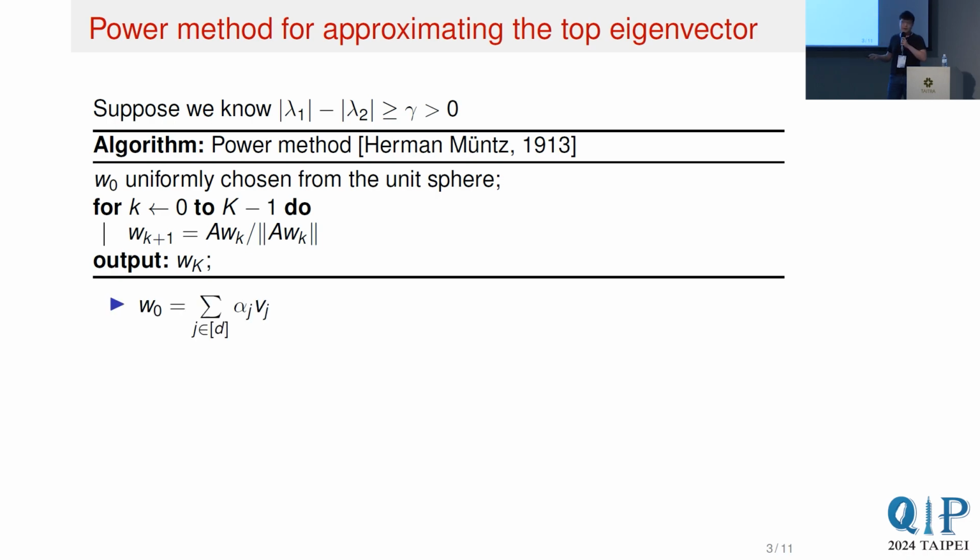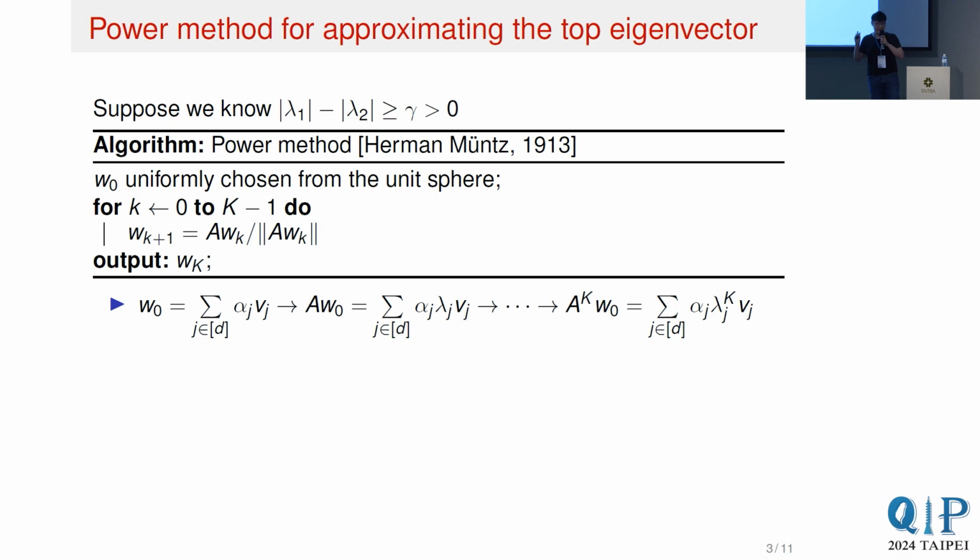Let's see why this algorithm works. At the very beginning, you can write your w_0 as a sum of the eigenvectors. After applying the matrix A, the corresponding eigenvalue will jump up in front of the corresponding eigenvector. If you do this k times, it will be lambda_j to the k in front of the vector phi_j.